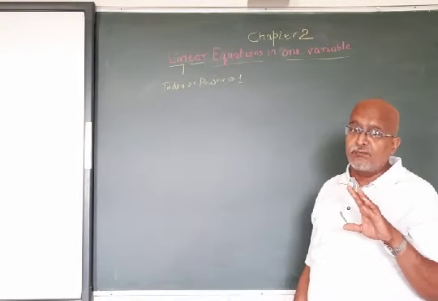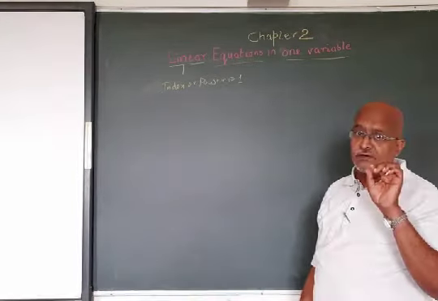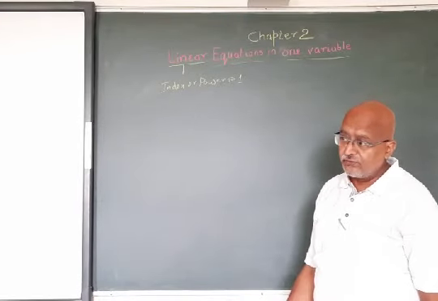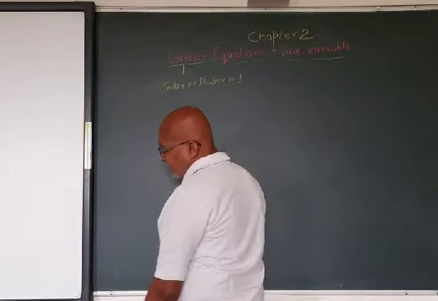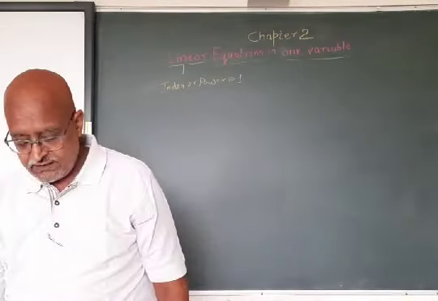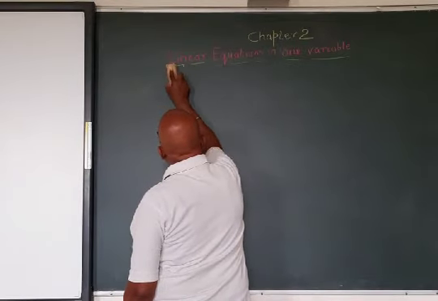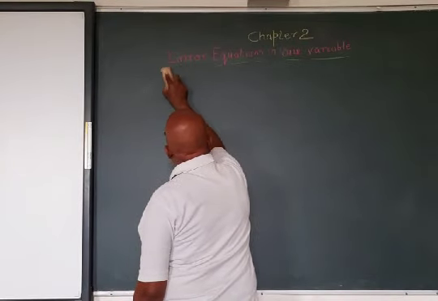The variable can be any letter from A to Z. Now we are going to see how the equation can be formed and what is the significance of those equations.